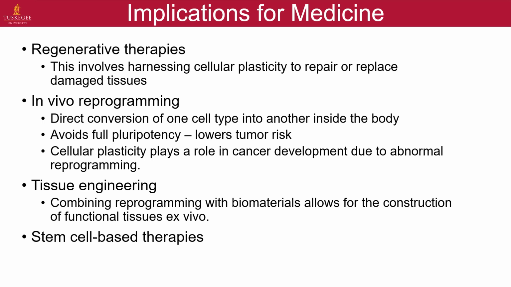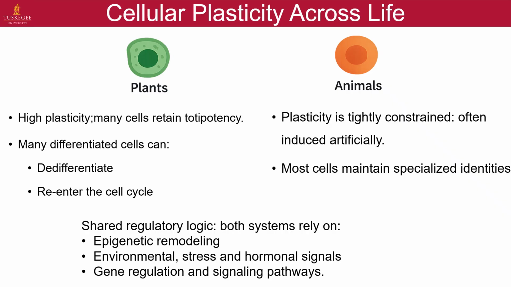In tissue engineering, cellular plasticity has also been used to understand how reprogramming of different tissue functions occurs ex vivo. It has also been applied in understanding stem cell based therapies, especially with the use of induced pluripotent stem cells.